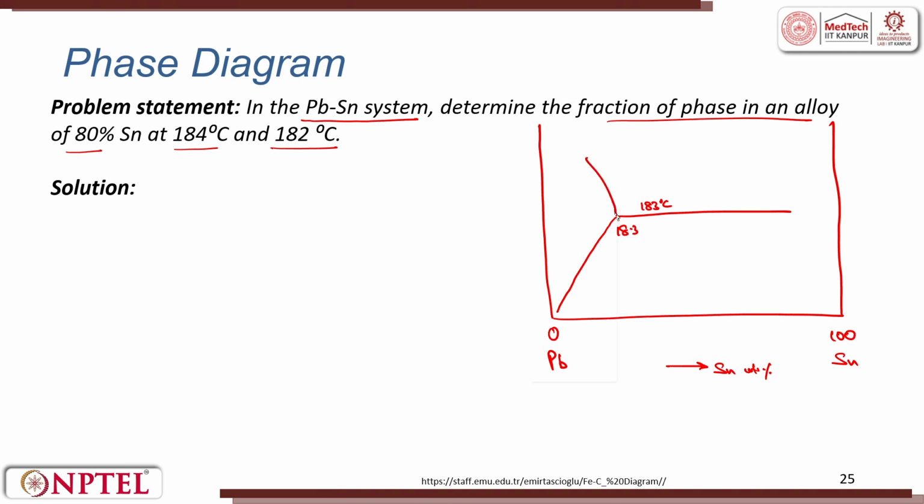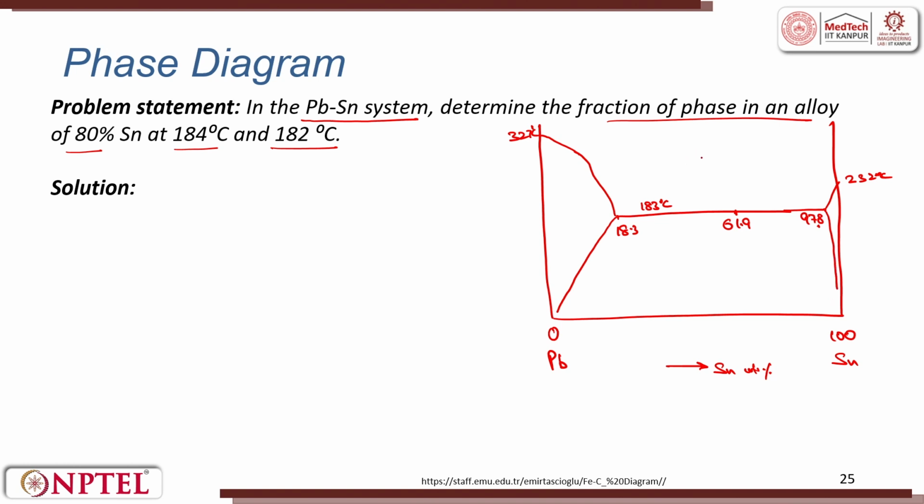This goes till 327 degrees centigrade, and here we have the eutectic reaction at 61.9 percent of tin, and till 97.8, it goes just like this, and then we have 232 degrees centigrade where we have the solid tin phase, and this keeps on going down.